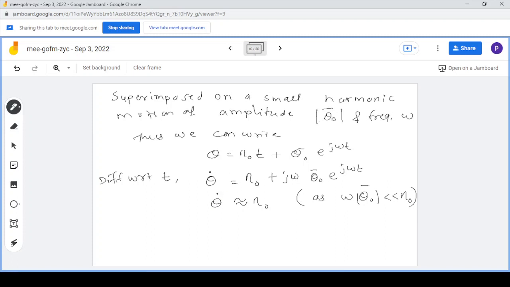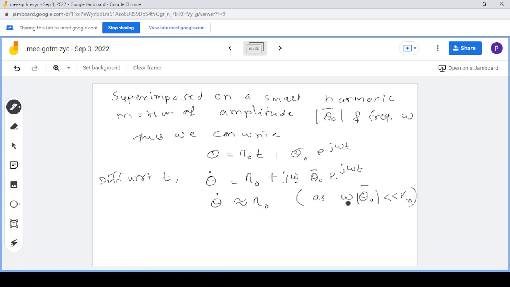Theta is the displacement, and theta dot, the angular velocity we wanted, is n0 plus j omega theta 0 into e raised to j omega t. In this case, omega is the angular velocity and theta 0 is the amplitude, that is the angular displacement.